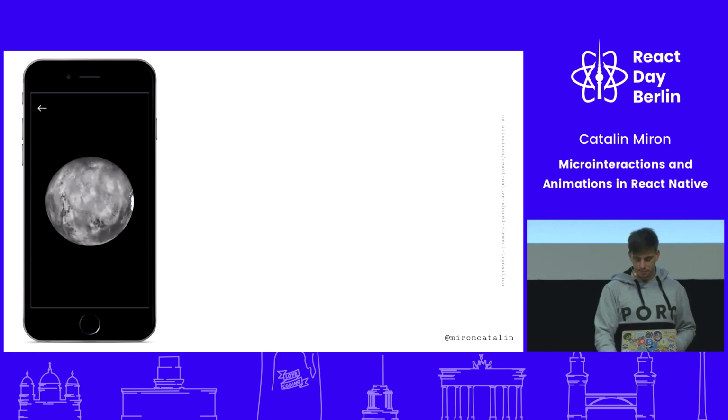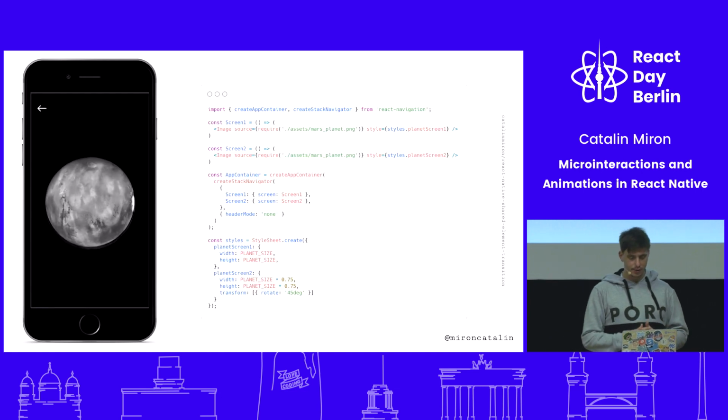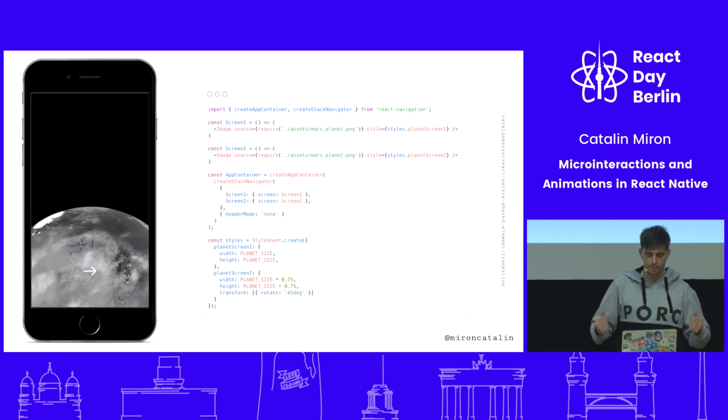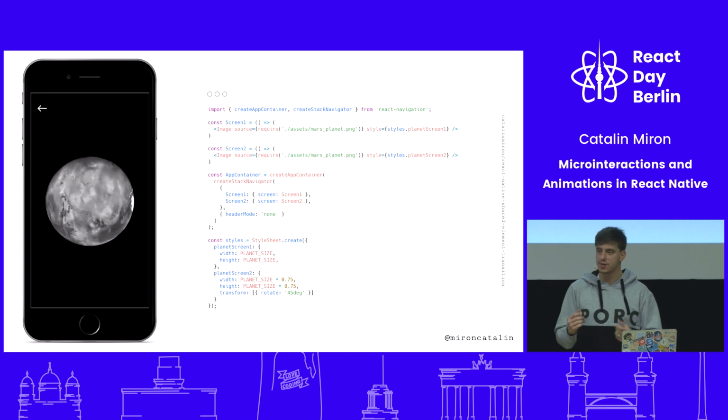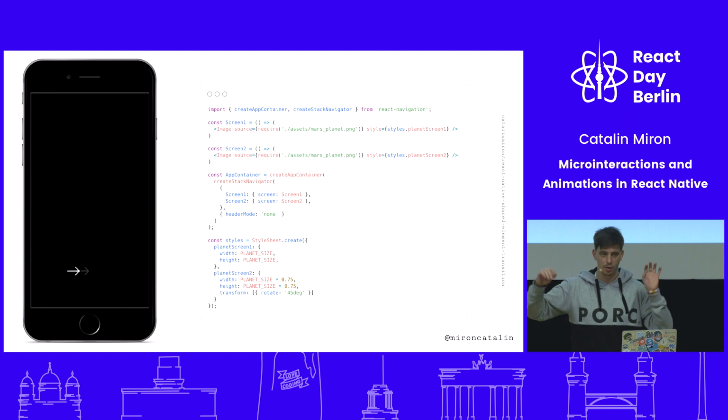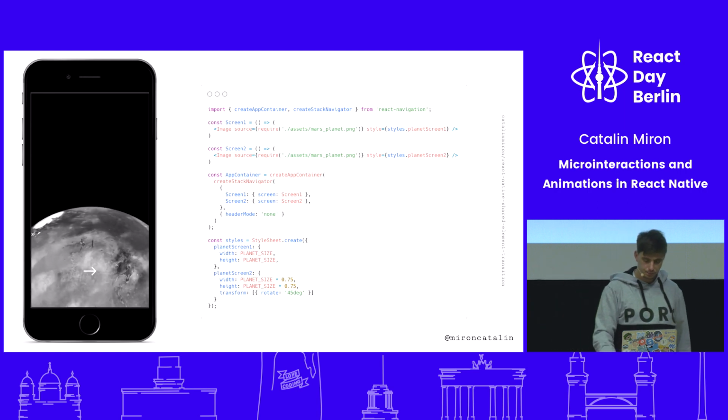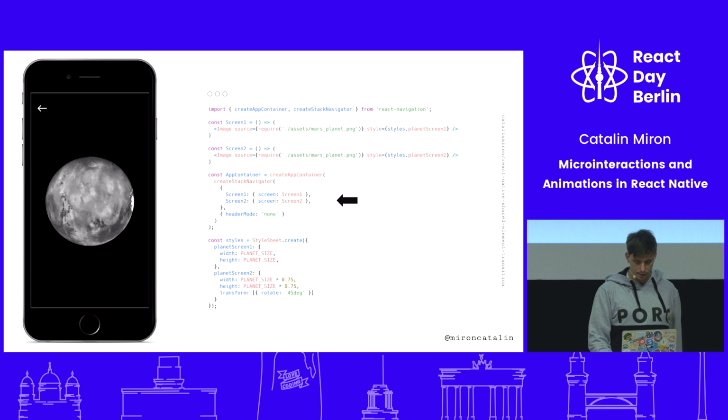I have two screens, and on each screen I have an image, and I'm passing different styles for that image on screen 1 and screen 2, like here.